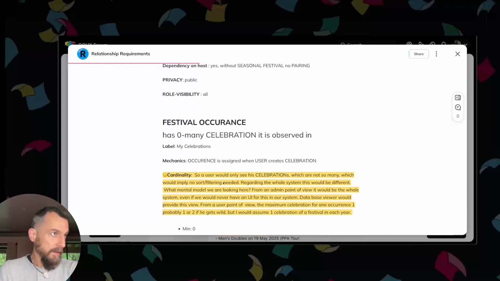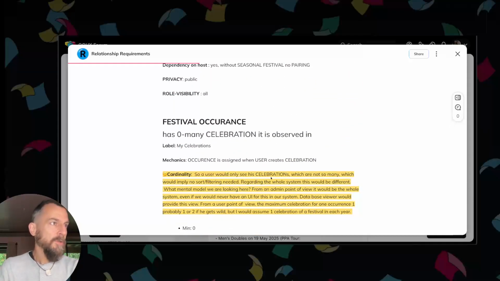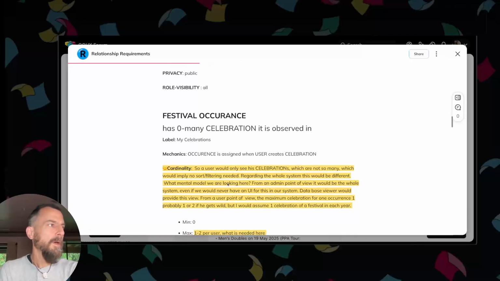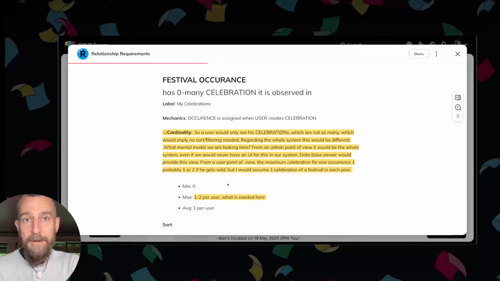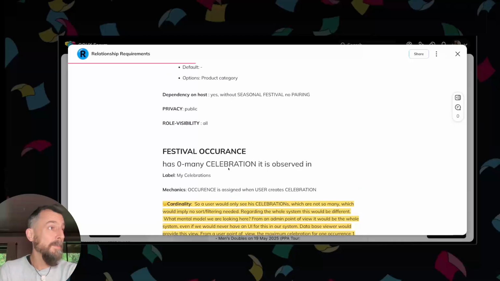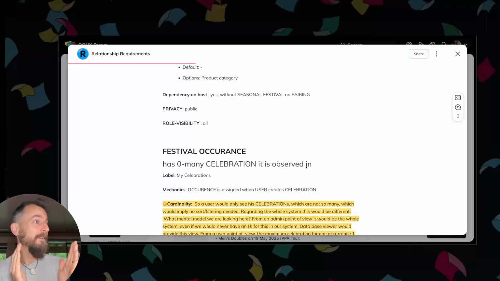Festival occurrence. So a user would only see their celebrations, which are not so many, agreed, which would imply no sorting and filtering. Yes, agreed. Regarding the whole system, this would be different. What mental model are we looking for here? You make a great point. If you are looking at festival occurrence has zero to many celebrations it is observed in, there is the way that's listed for a user, where they would only see their celebrations. Is there an admin view of this on festival occurrence?